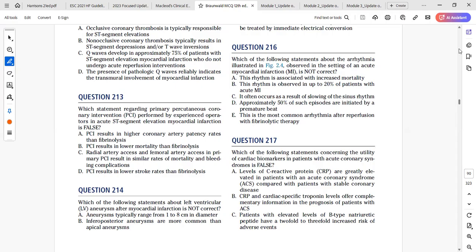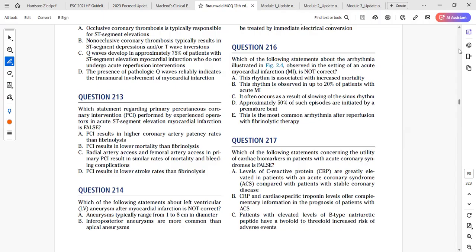Option B, C-reactive protein and cardiac-specific troponins offer complementary information on the prognosis of patients with ACS. So we know that the highly sensitive cardiac troponins are the gold standard for diagnosis of acute coronary syndrome.